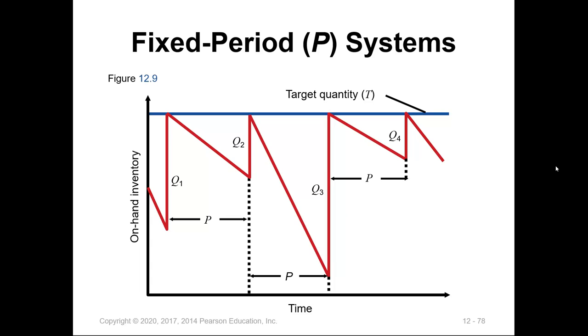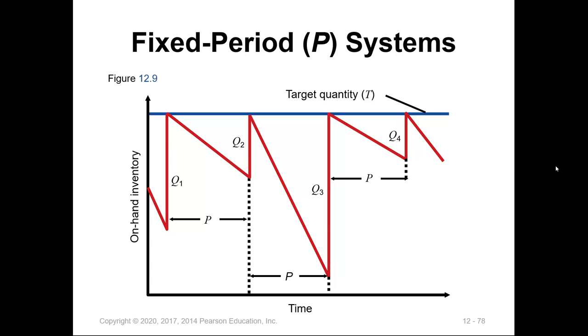Various amounts are ordered at regular time instances based on the quantity necessary to bring inventory up to the target quantity. So with the fixed period, we are looking at every 3 months, or every quarter, we are going to order a quantity. Now the quantity will depend on what I have in the store and what the demand will be, and that's why we have different order quantities.